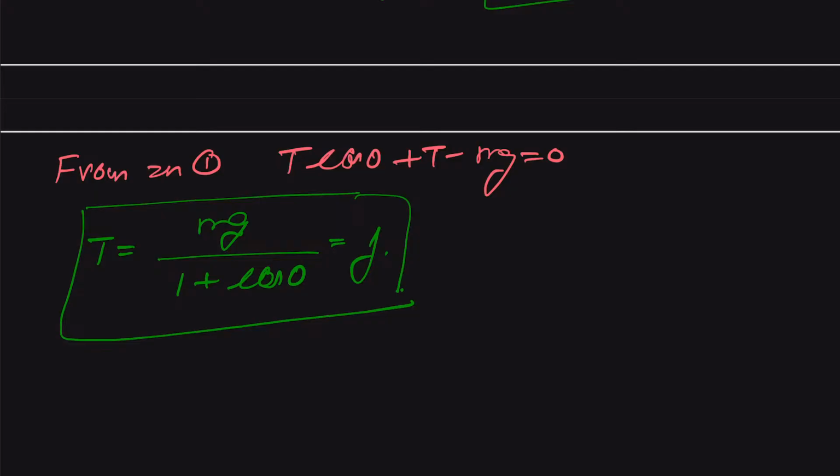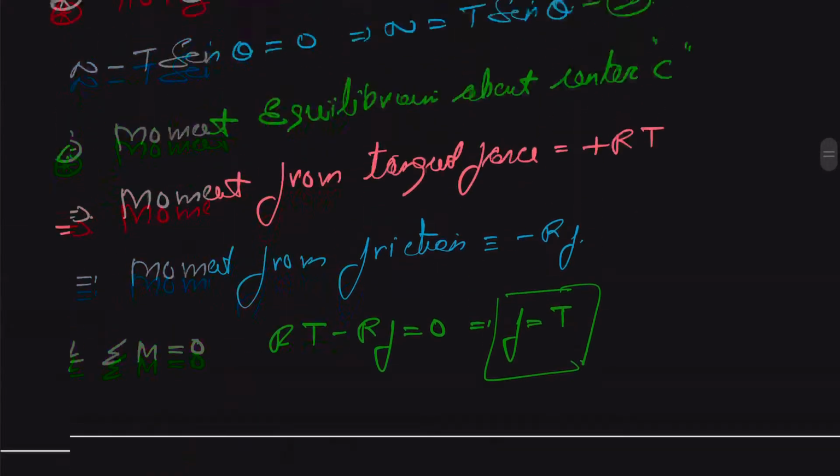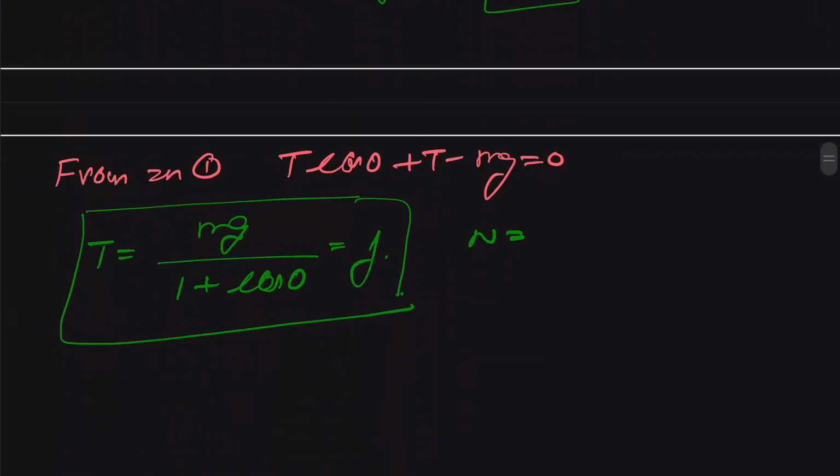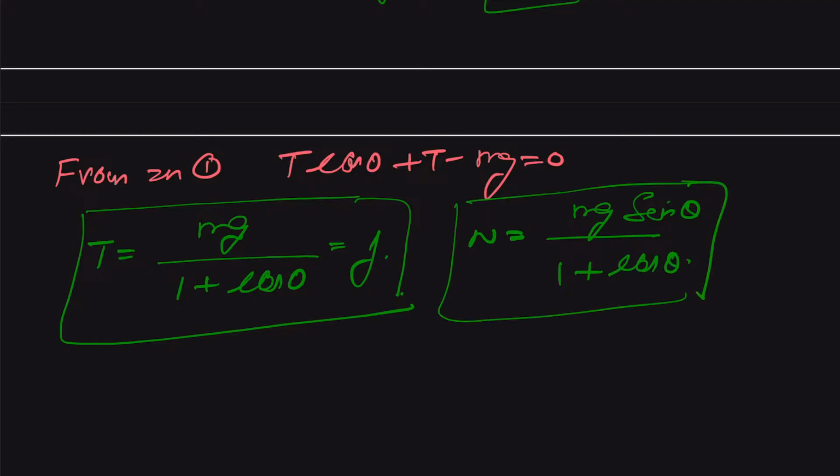We can also find our normal, because we know that the normal n is equal to T sine theta. So we can write this as mg sine theta over 1 plus cos theta. So this is our value of the normal.